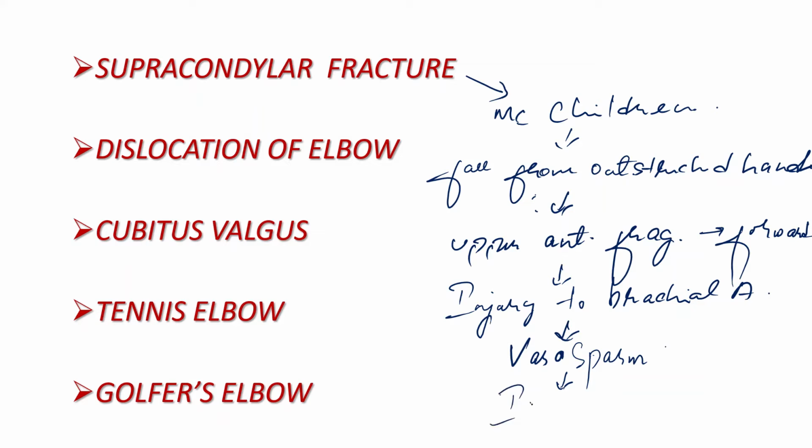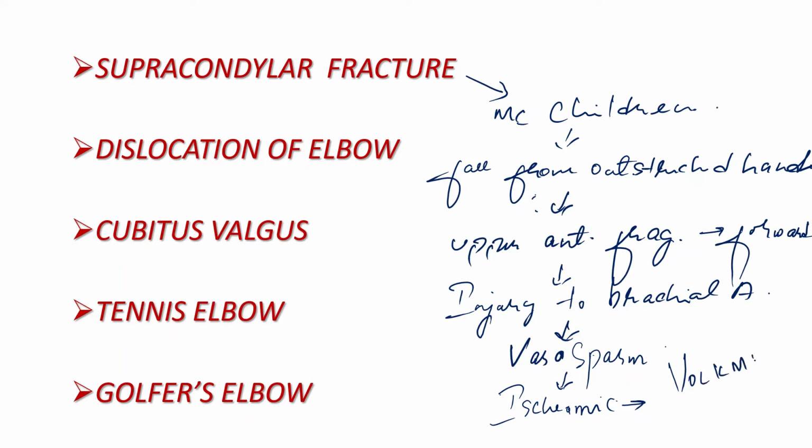So there are ischemic changes in the forearm, especially the anterior compartment, resulting in the condition known as Volkmann's ischemic contracture.